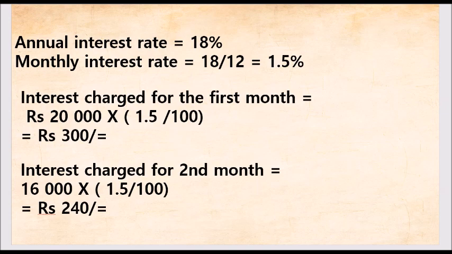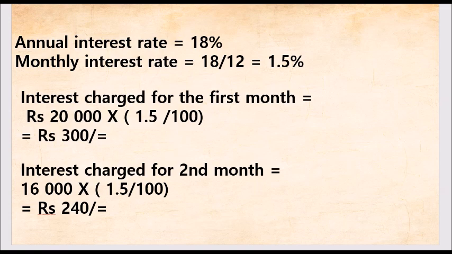When we are paying back the loan, in the first month we have to calculate the interest for the whole amount of money that you have got as the loan. Right. That 20,000 rupees multiplied by 1.5 over 100. Answer is 300 rupees. That is the first month. Now, in the second month, you can see the principal is 16,000.